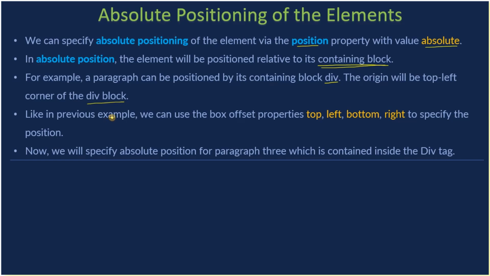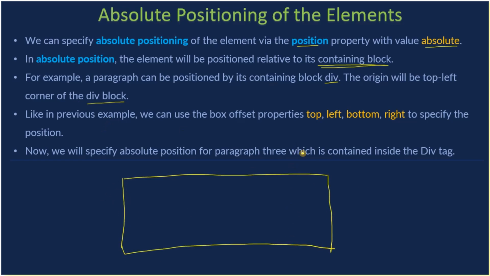We use the same 4 paragraphs with some inline elements, and we will see how to position them using the div tag. So let's state that this is the div tag, and we will also assume that there are 3 paragraphs inside this div tag.